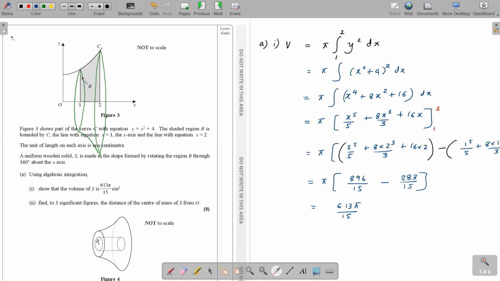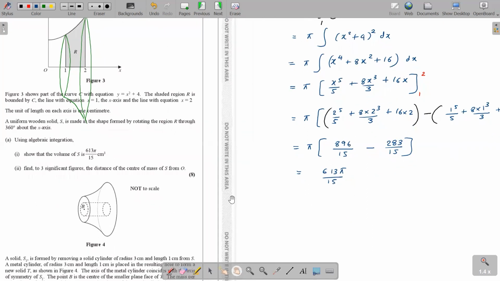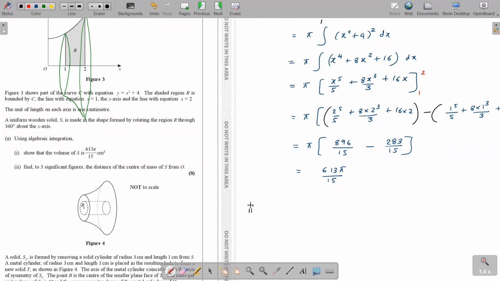However, you do know this 3D solid is rotated 360 degrees around the x-axis. What about the y bar? You can see that the x-axis is a line of symmetry for this object, thereby y bar will be 0. So the center of mass coordinate will only be obtained by the x coordinate. Can I have the x bar equation for 3D objects? There is the equation x bar equals integration of pi.